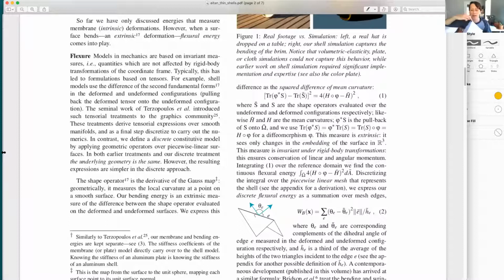And if you triangulated this crease here, you could say, okay, well, at rest, the angle between this triangle and this triangle is whatever that angle is. And then if I put this thin shell into my simulation, I can apply forces to that surface and measure how much the surface has deformed from its rest configuration.